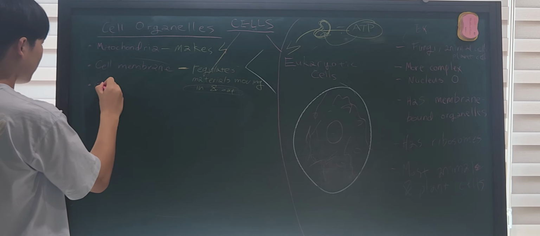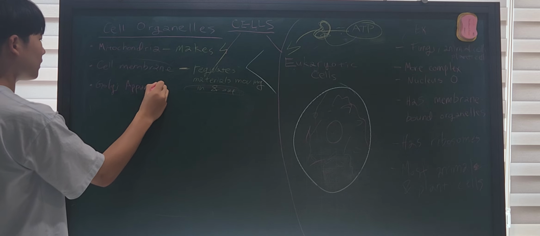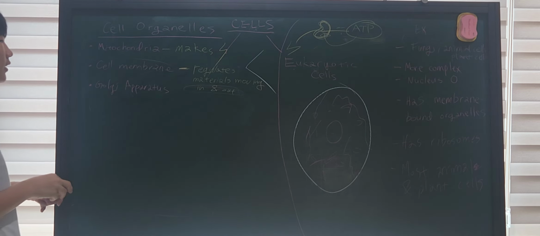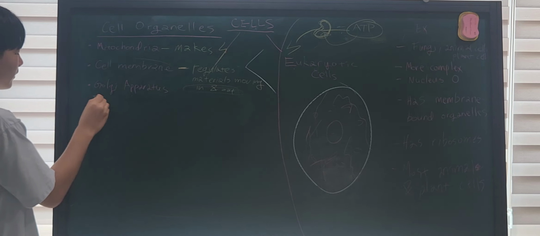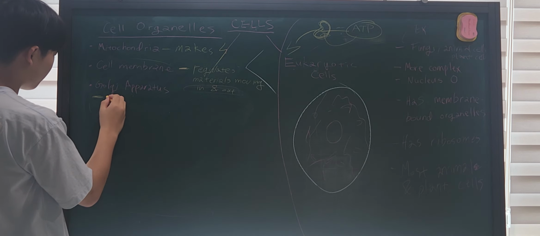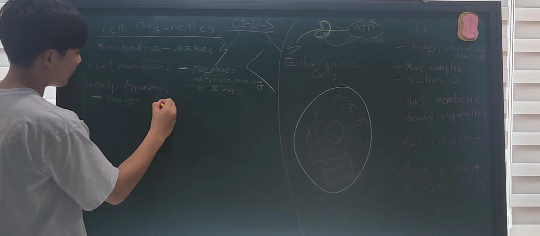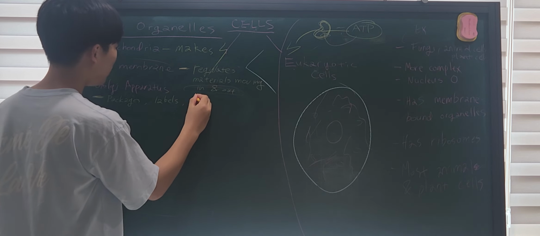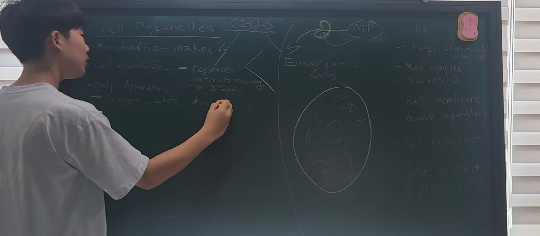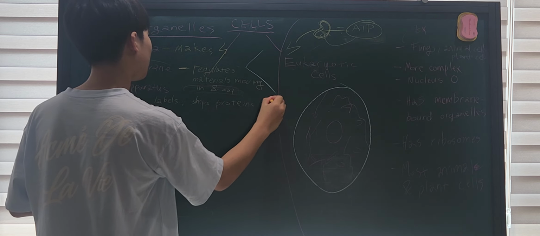Third of all, let's see about the Golgi apparatus. This one is really important too. To use an analogy, the Golgi apparatus packages, labels, and ships proteins in and out of the cell.